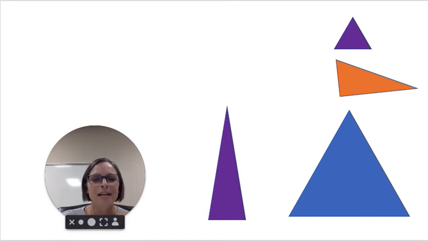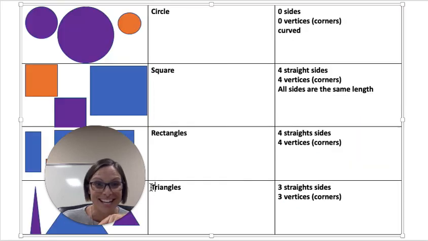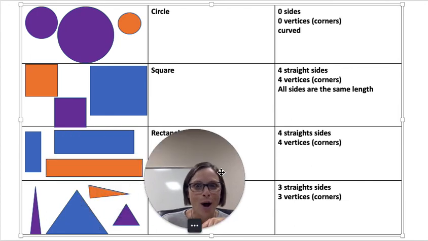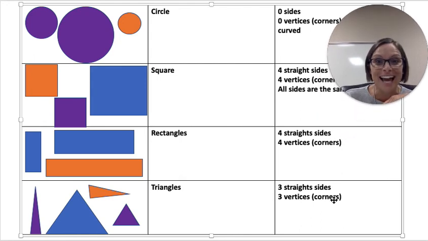Yes! Triangles. Do you know what triangle starts with? T. That's right, just like right here. T. Triangles. Oh my goodness. They all had 3 straight sides and 3 corners or vertices. Take a look. How many triangles do you see there?